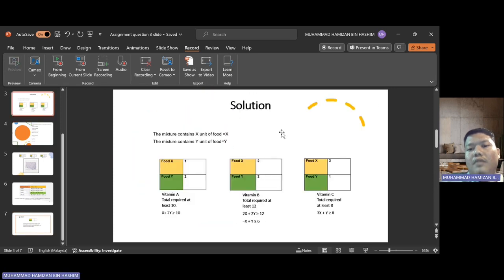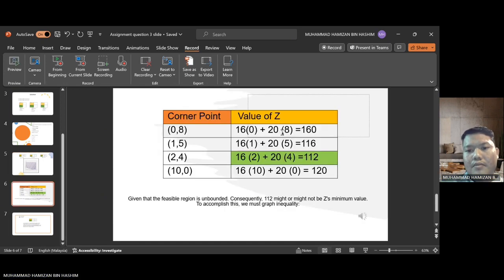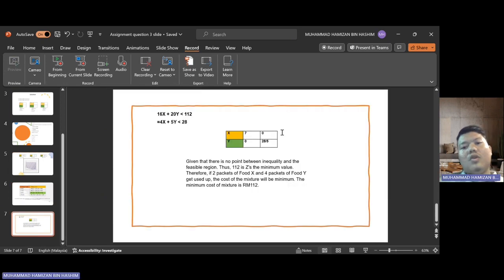After doing this, we can get this graph. The conclusion is that there is no point between the inequality and the feasible region. Thus, 112 is absolutely the minimum value of z.